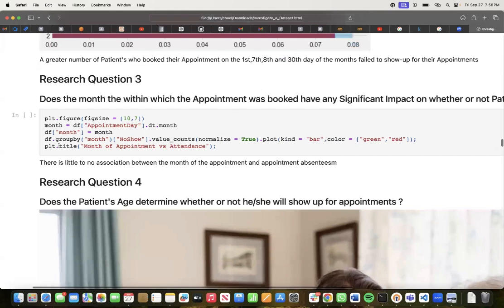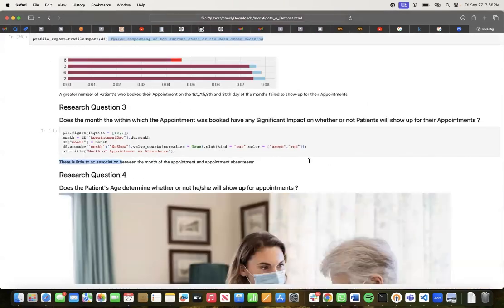I didn't run this code, but I think the solution is that there is little to no association between the month of appointment and appointment absenteeism. So the month within which the appointment was booked doesn't actually have anything to do with whether they will attend or not.